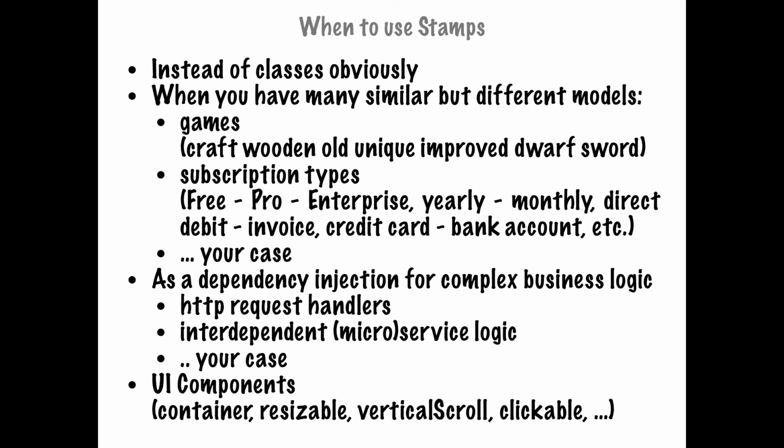And in your case, what else do I find? I have never tried this, but I'm pretty sure that stamps are a really great fit as UI components. You call them differently in different frameworks and languages and technologies, but I call them UI components.